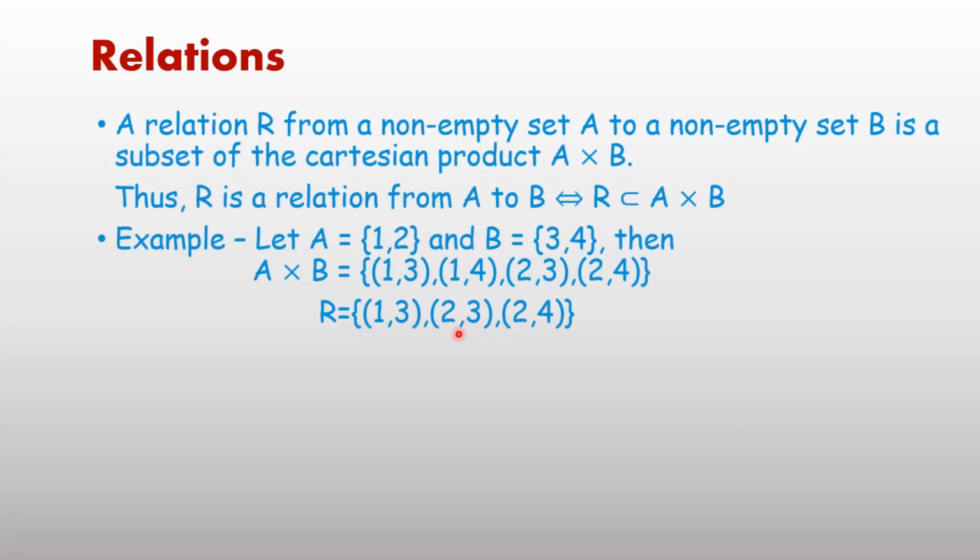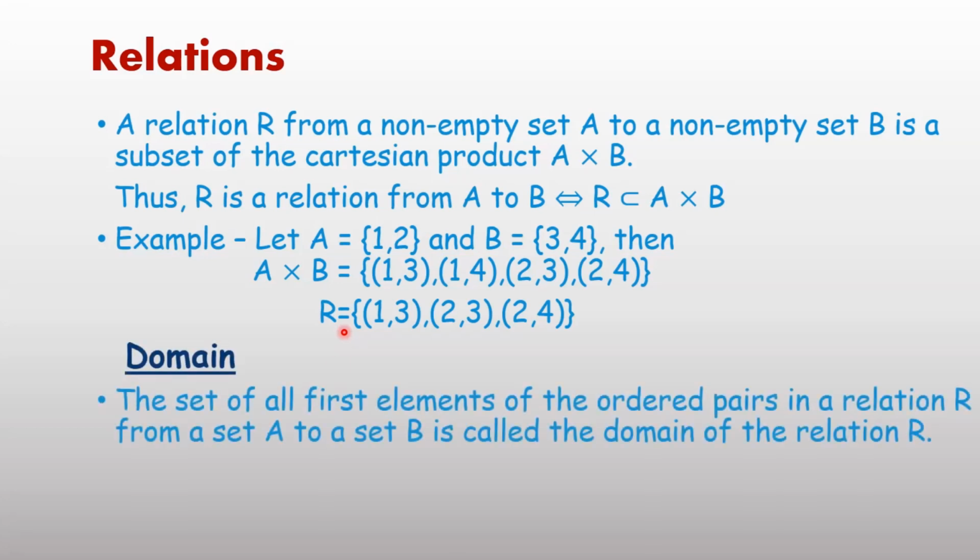There are 3 elements in this R. Since R is subset of A cross B, it is a relation. Any relation is a subset of A cross B, and number of relations also you can calculate. Number of relations means same as number of subsets.